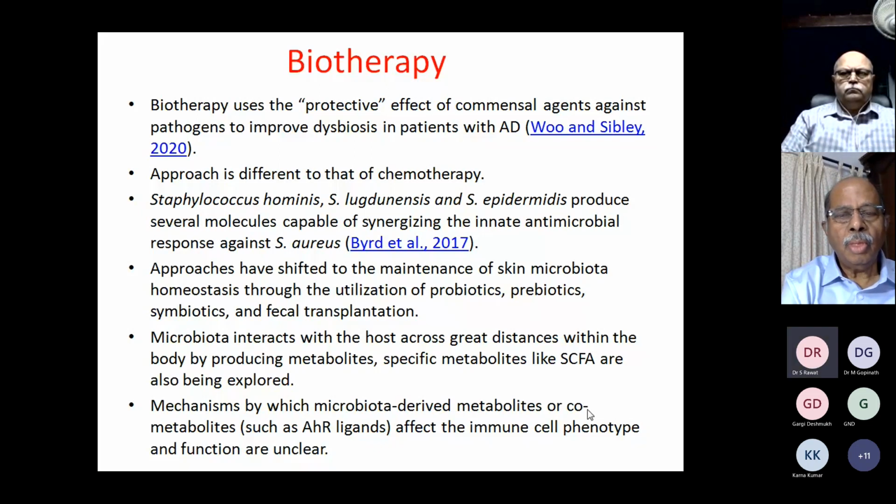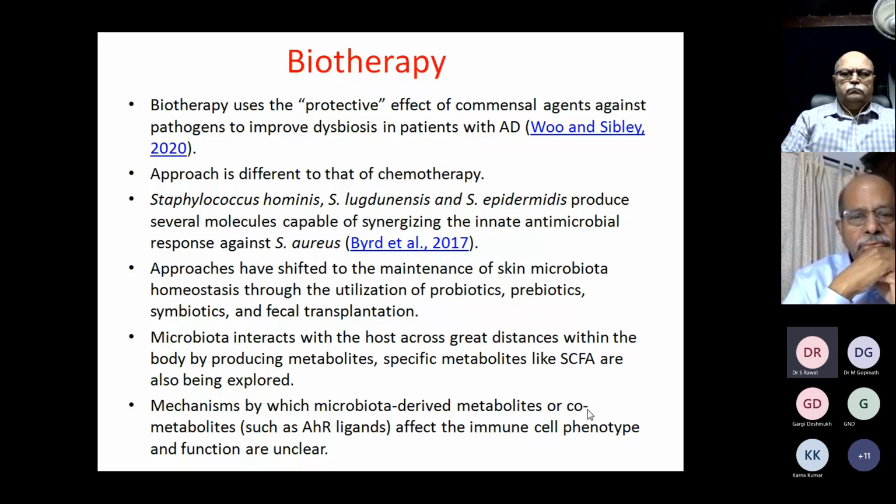Now, microbiota also interacts with the host across great distances. So this is already known. By giving these metabolites, like short chain fatty acids, various mental disorders and various other disorders can be treated.